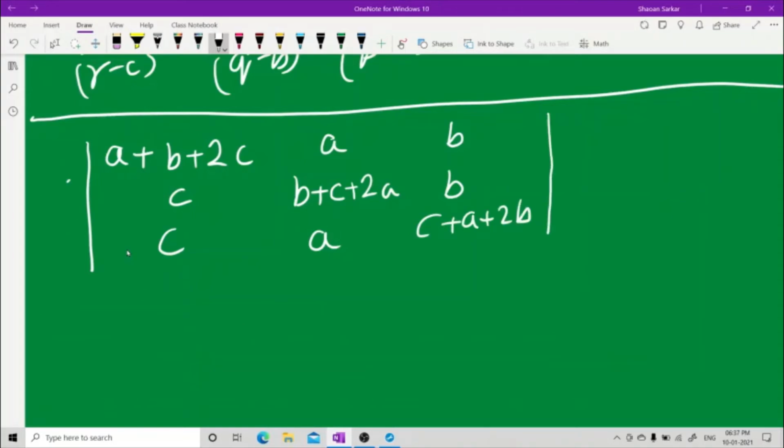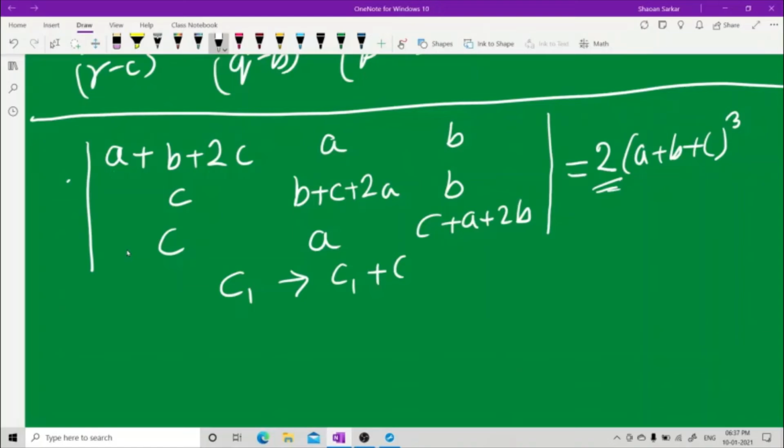Now can you see, I have to prove this is equal to 2 times (A plus B plus C) cube. Now with this very idea of 2 outside, I need to get 2 in each A and B. What I do is I add column wise. I write C1 replaced with C1 plus C2 plus C3.